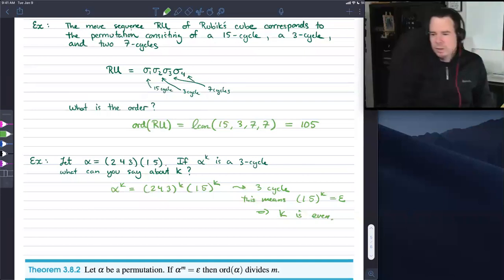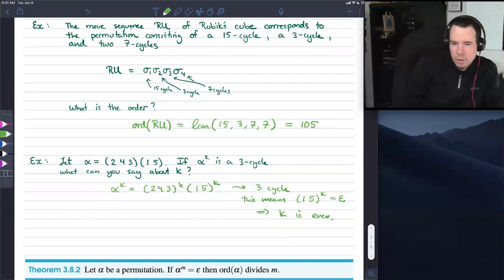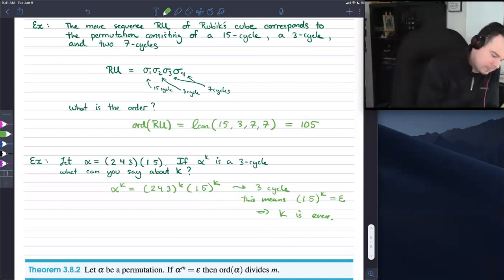We'd have to have killed that 2 cycle because the 2 cycle, for an odd power, is just going to be the 2 cycle, or for an even power, it's going to be the identity. So it's either going to be there or not, and that depends on whether k is odd or even. So if we don't want that 2 cycle to be present, it's got to be gone, which means k had to have been even.